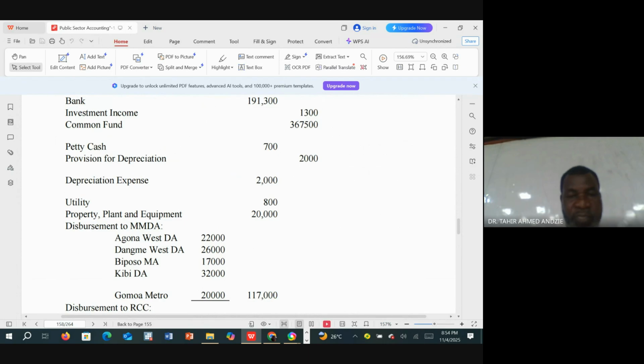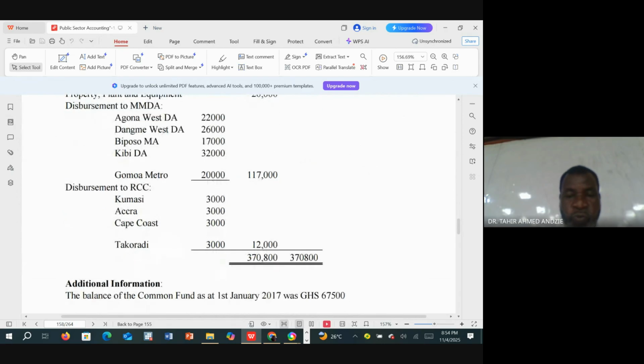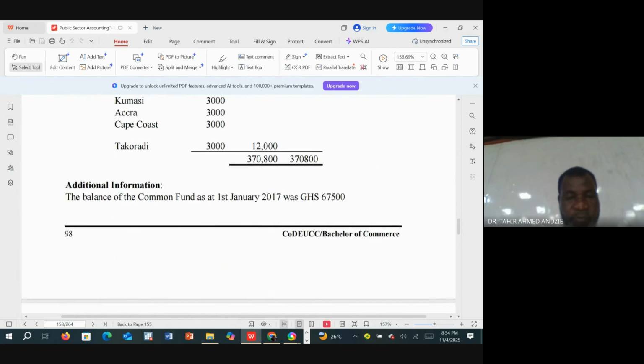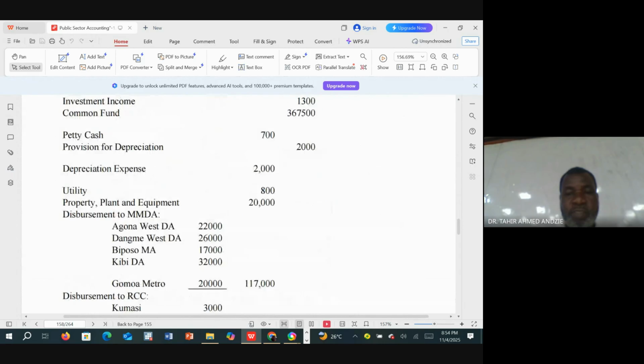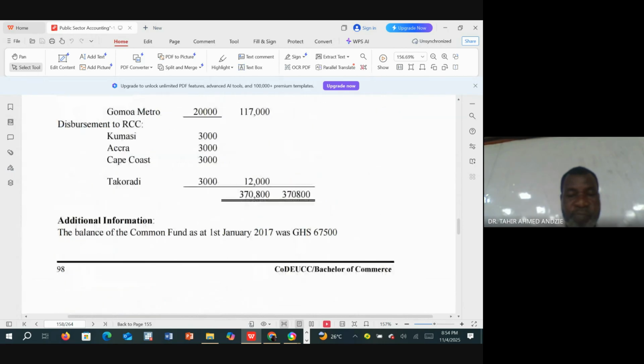So at the end of December, what is in the fund is 367,500. Now we were told that at the beginning of the year, we had 65,500. It means that in the course of the year, we receive how much? 300,000. So that is why you see in there.